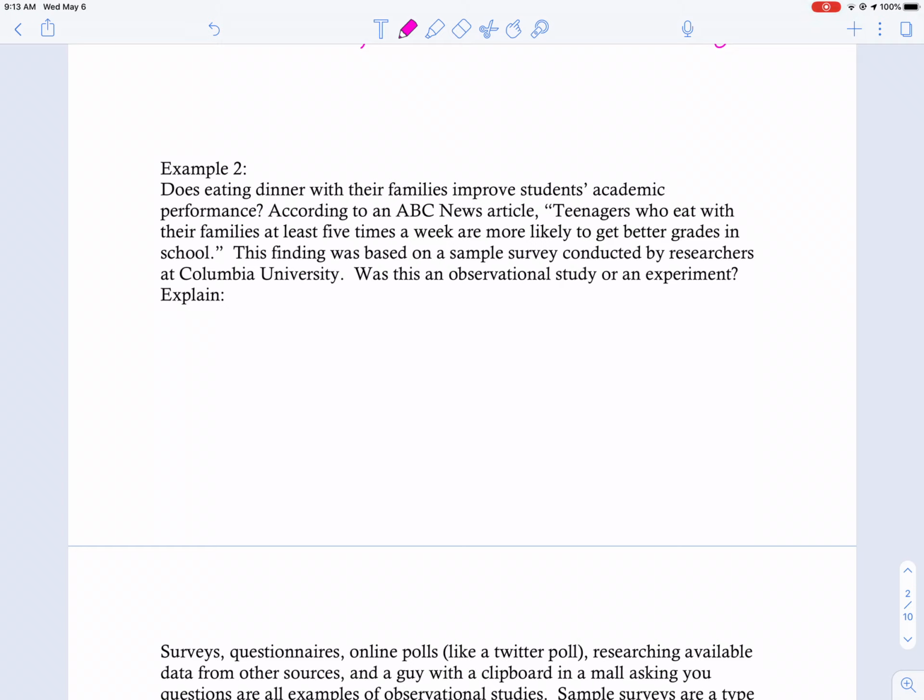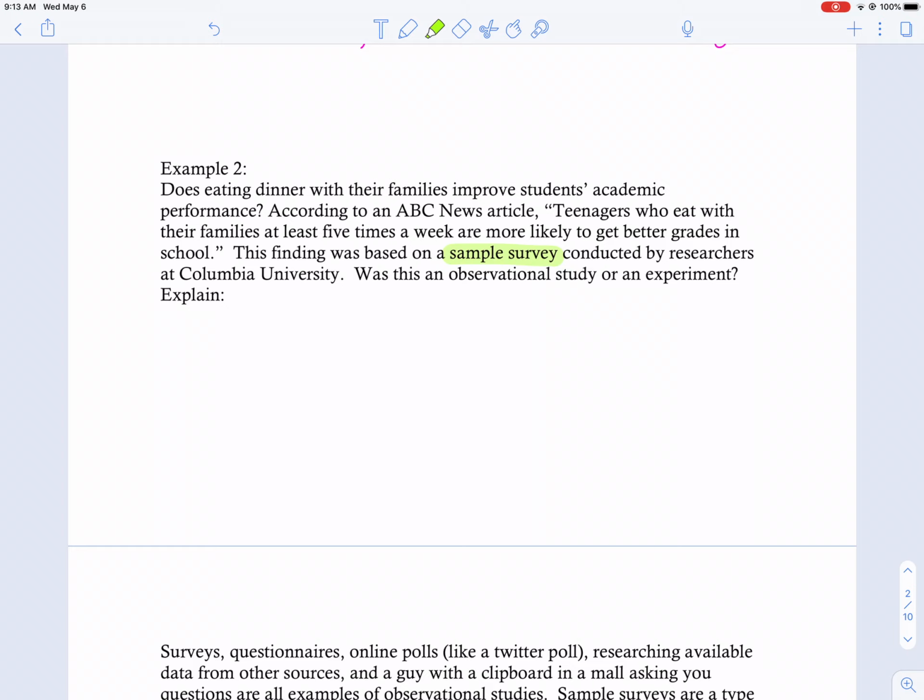This finding was based on a sample survey conducted by researchers at Columbia. Okay, so here the thing is, it's a sample survey. Was this an observational study or an experiment? It's an observational study. No treatment was imposed. The researchers simply used the results of the sample survey.